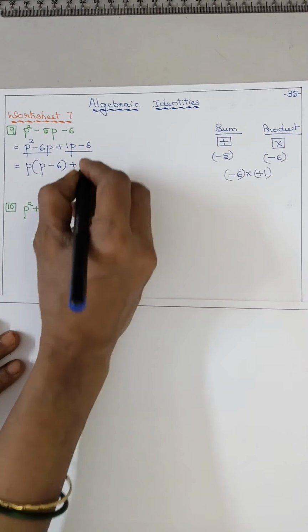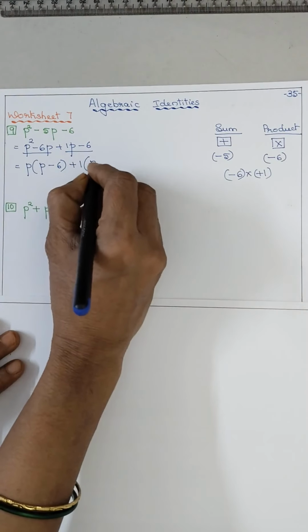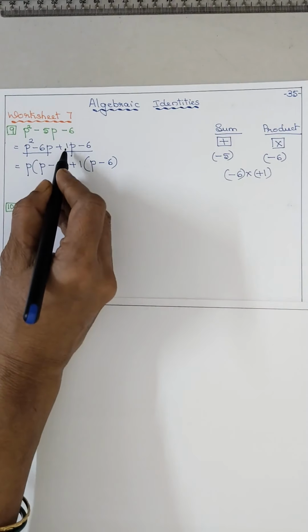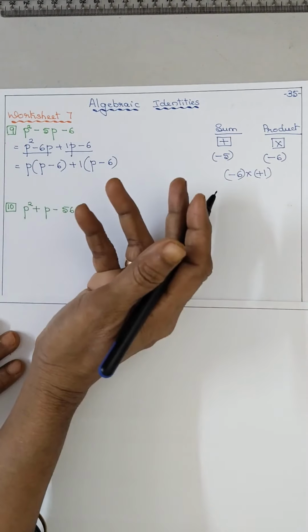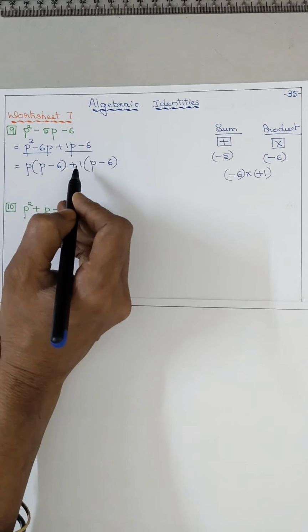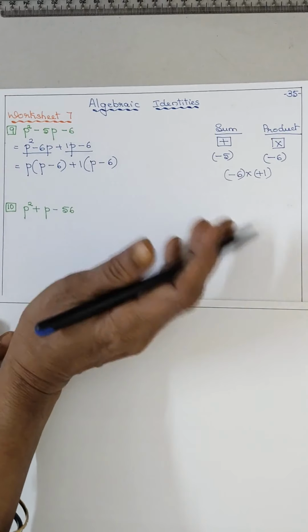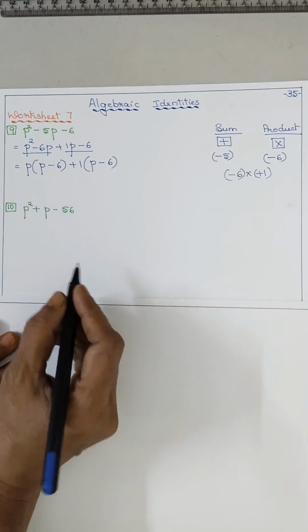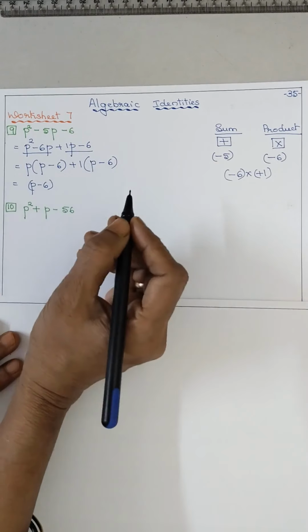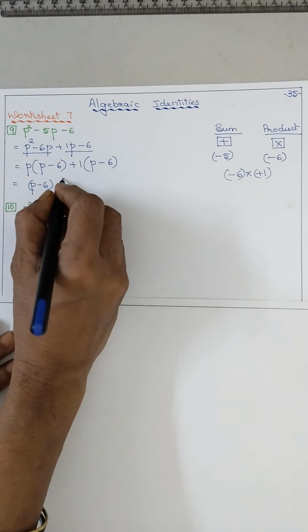Common is 1, so p remains minus 6. So if you write p minus 6, 1p means p, so there is no common term, so write plus 1 and bracket, write as it is, p minus 6. Now p minus 6 you got the same, then it is p plus 1.